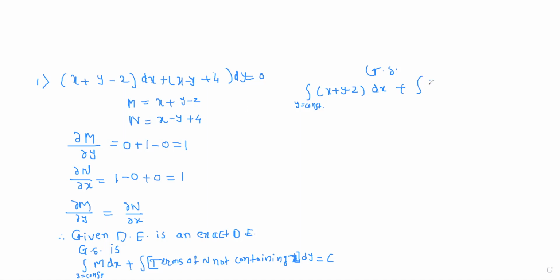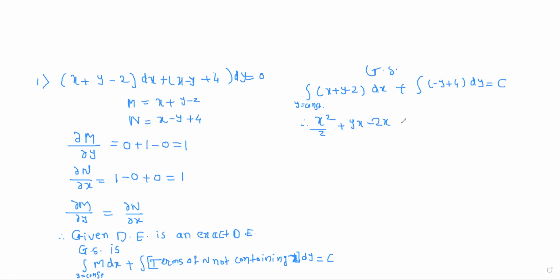So you will have (minus y plus 4) dy is equal to c. Let's take the integration. As y is constant and we are taking the integration with respect to x, the integration of x is x square upon 2. As y is constant, its integration will be y into x. The integration of 2 will be 2x.